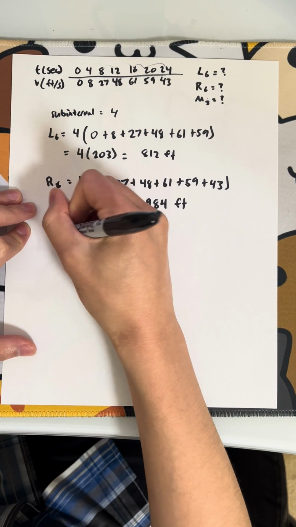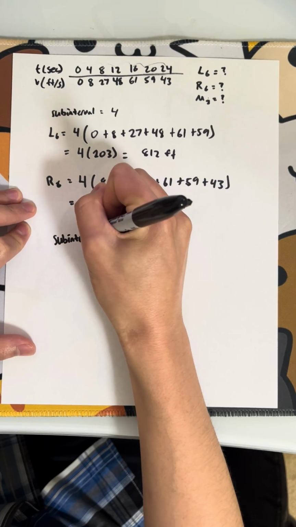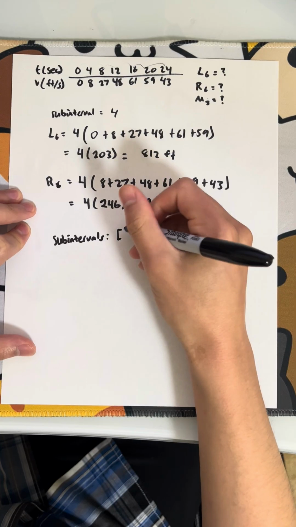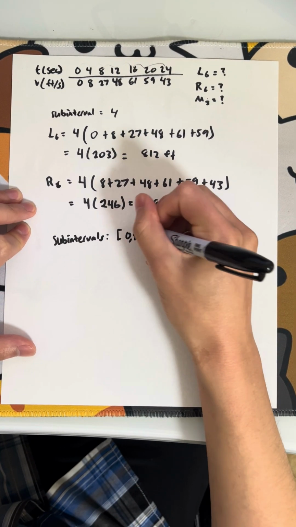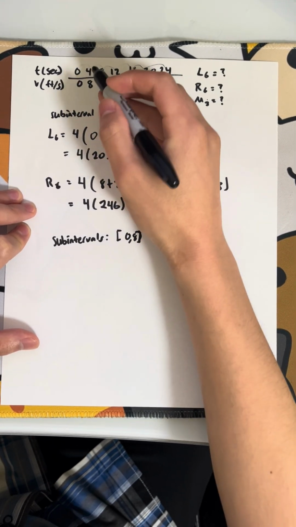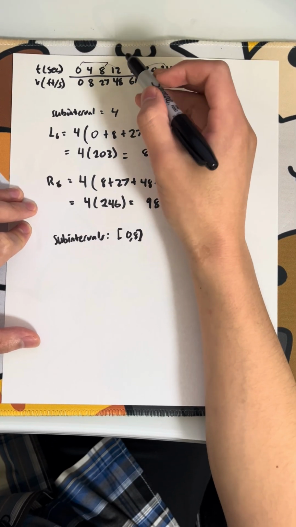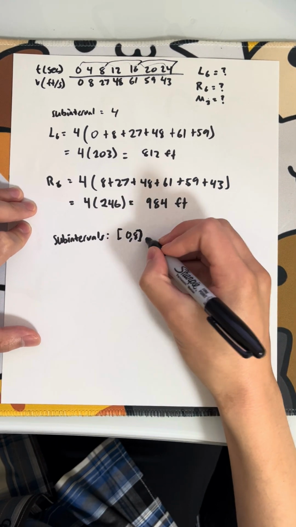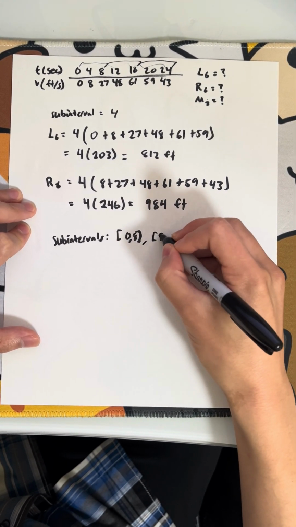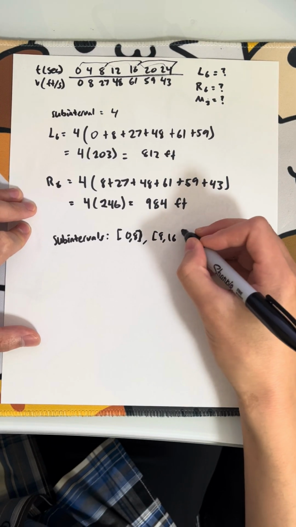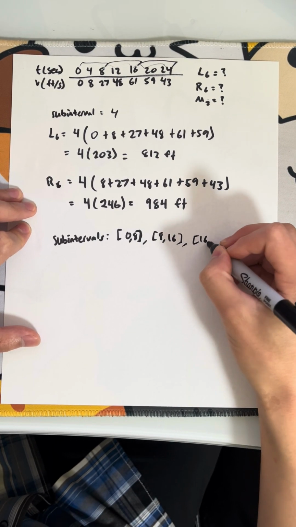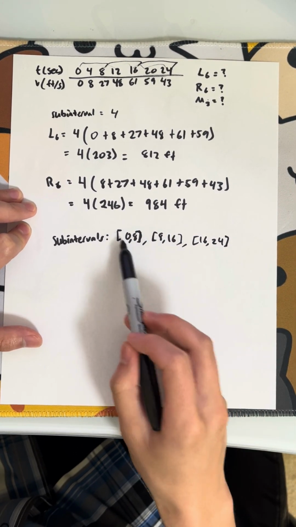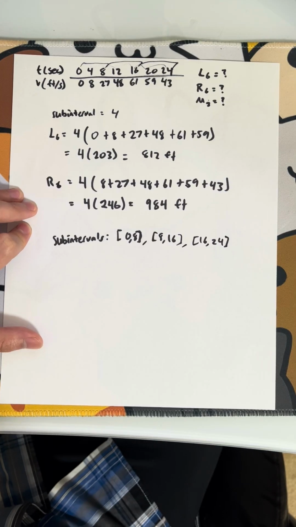The subintervals have changed now: 0 to 8, 8 to 16, and 16 to 24. Because then this is split into 3. If you think about it, it's like 3 rectangles.